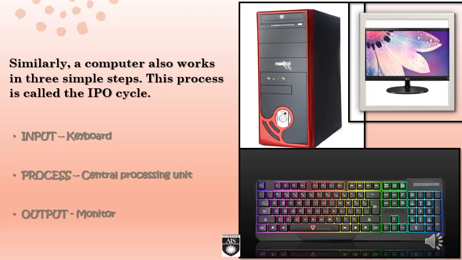The input, which involves the keyboard, the processing, which involves the CPU, and output, which involves the monitor. So, input, processing, output is done with the help of keyboard, CPU, and the monitor respectively in the computer system.